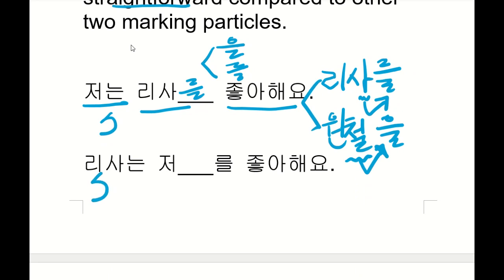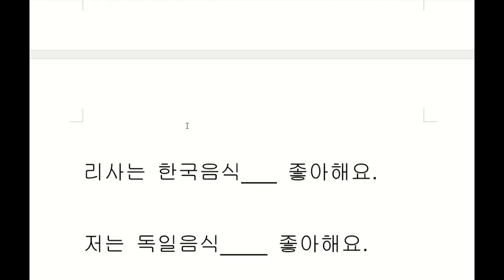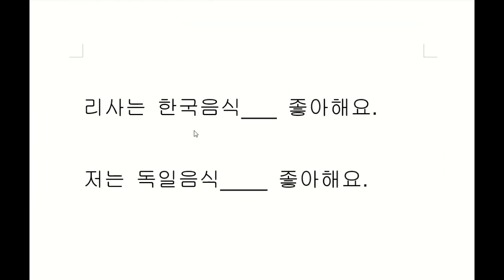리사는 subject. Lisa likes me. Oops, I already wrote the answer here. 저를. Yeah. Ends with a vowel, so 를 here. Okay. And 리사는 한국 음식, Korean food, 좋아해요. 리사는 한국 음식을 좋아해요.